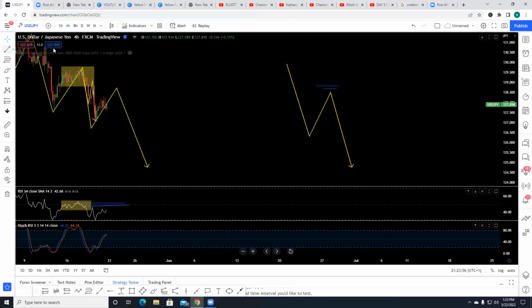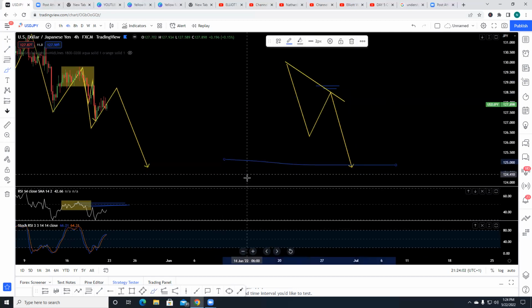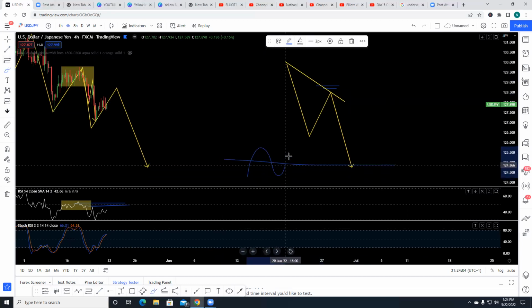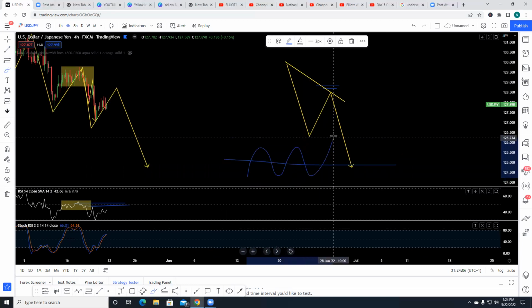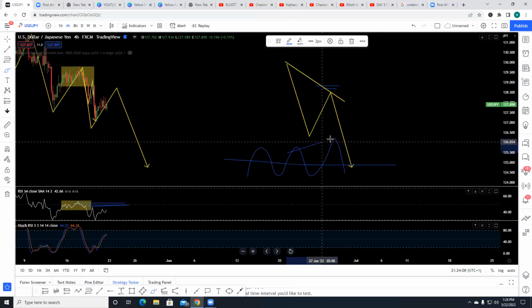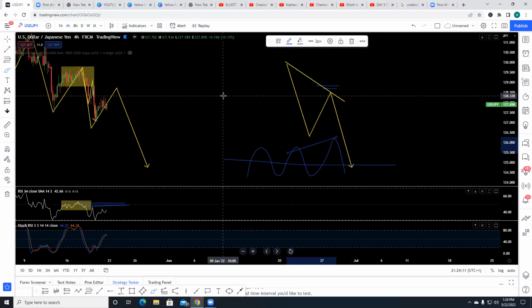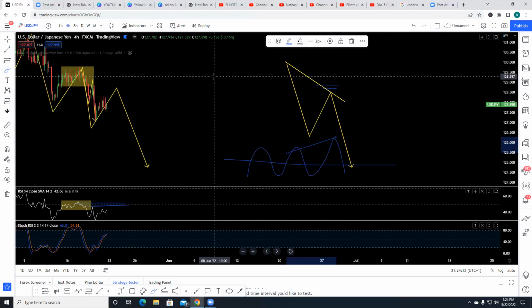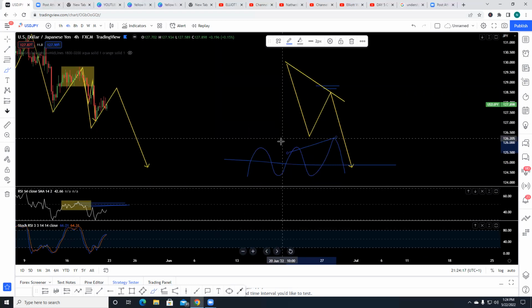Because if you have the lower low here, when you come to the RSI, guys, to your indicator, you're going to see a higher high. Can you see? This is what is called hidden bearish divergence. If you don't understand what hidden bearish divergence means, refer to my video on divergence trading strategy. You are going to see it there.